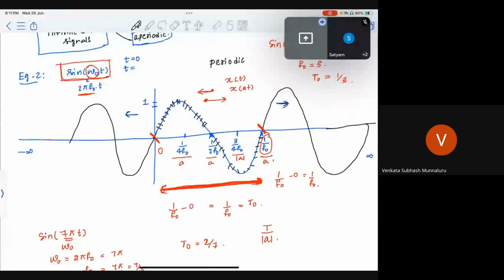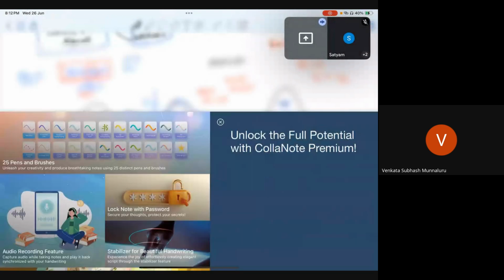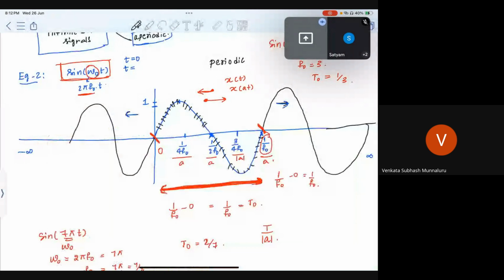We also commented that in a periodic signal, there is a constant signal that keeps repeating at different intervals of time, and the period of that repeating signal is the fundamental period of the signal.